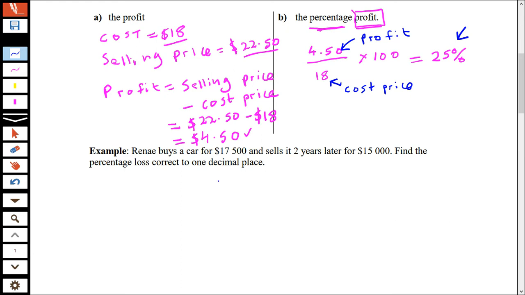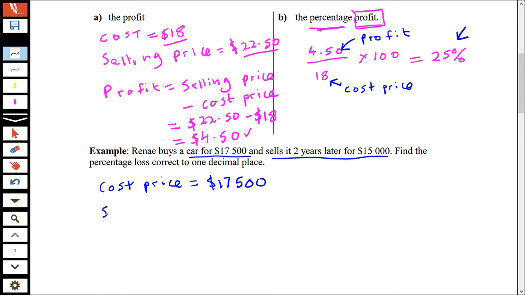All right, so we've got Renee buys a car for $17,500. So straight away from that statement there, you could say that the cost price is $17,500. Now, 2 years later, it's sold for $15,000.